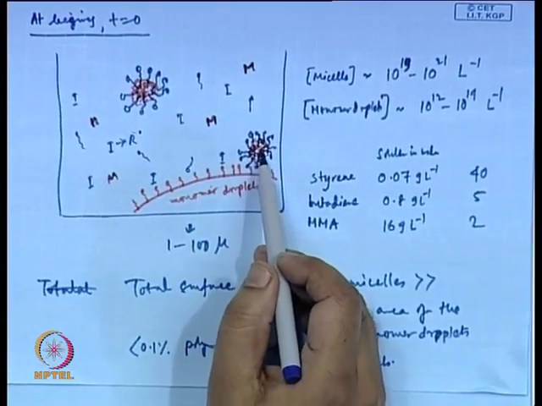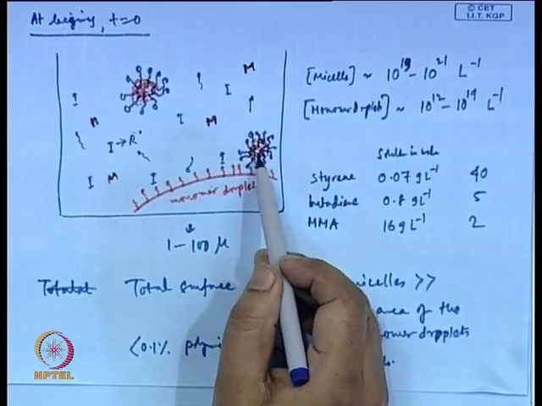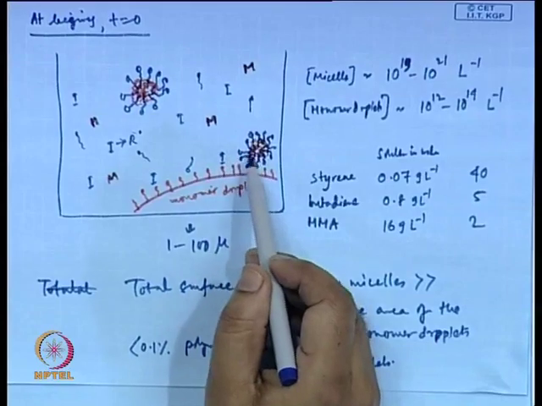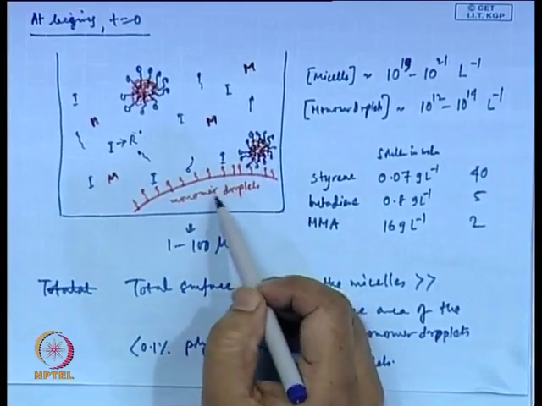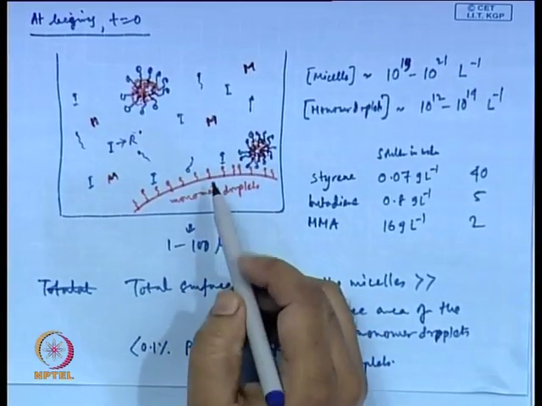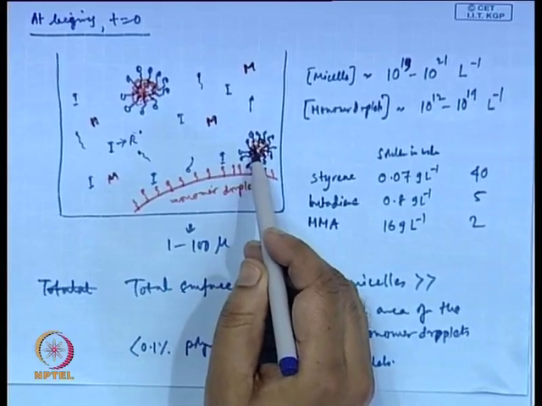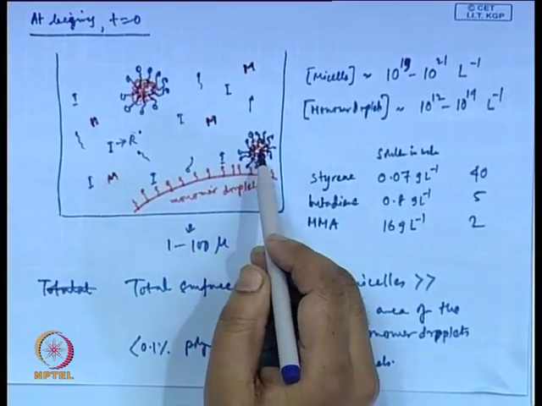Polymerization is happening inside the micellar core, and the monomer concentration is getting depleted. So, to replace the monomers inside the micelle, these monomer droplets will become smaller by supplying monomer to the micellar core via the aqueous medium. Okay.